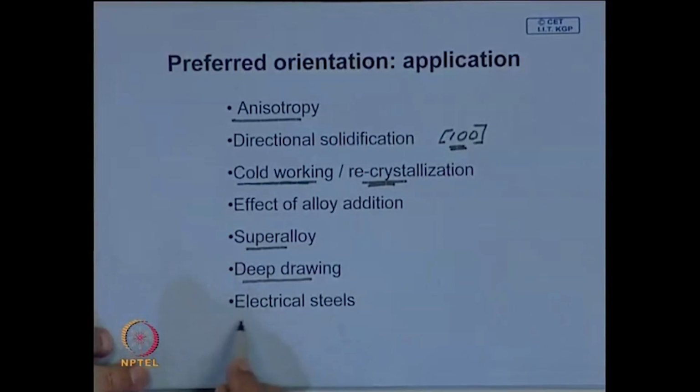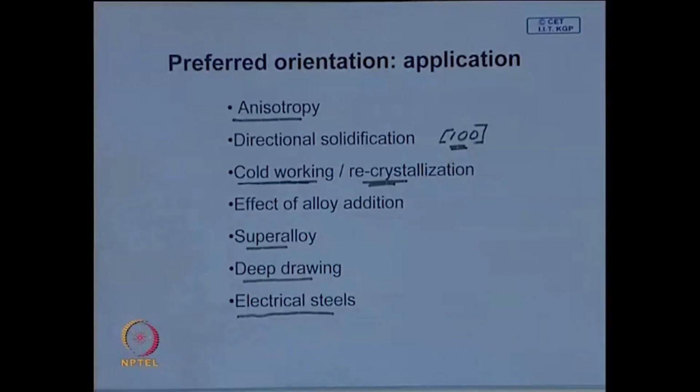And we will also talk about applications in electrical steel, where we need preferred orientation and where we do not, and how the production route can be modified to achieve this objective.